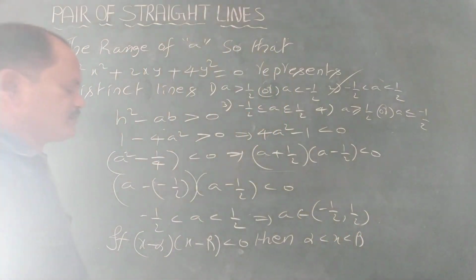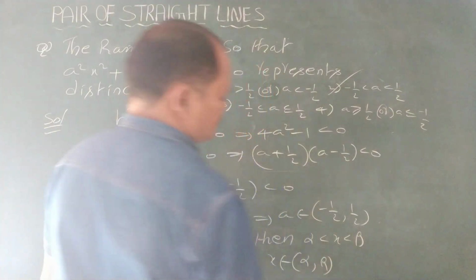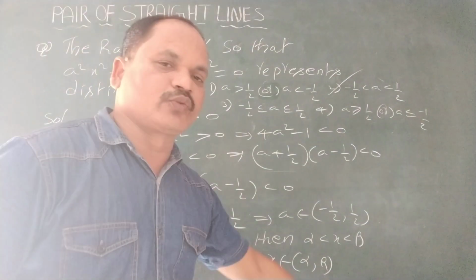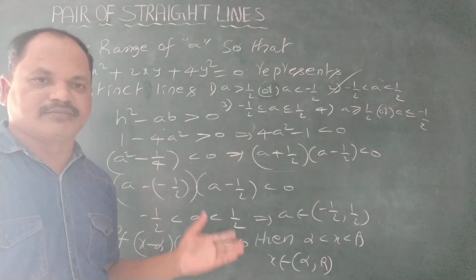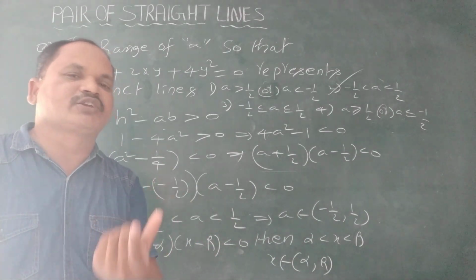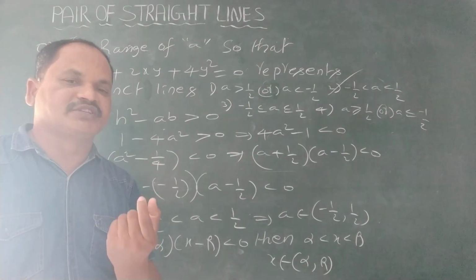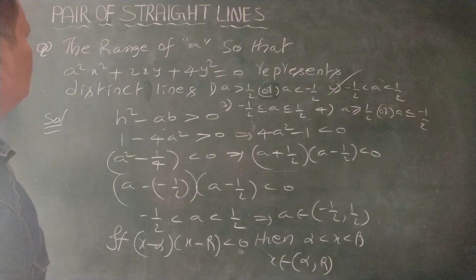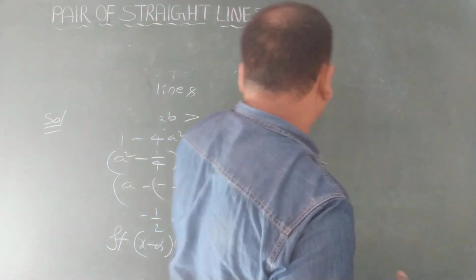Of course, this can be written as x belongs to open interval alpha, beta. That's all. These are all mains level and advanced level questions, and they depend upon the basic concept. That's why in geometry, each and every concept is very, very important. Now we are going to the next question, depending upon this concept.